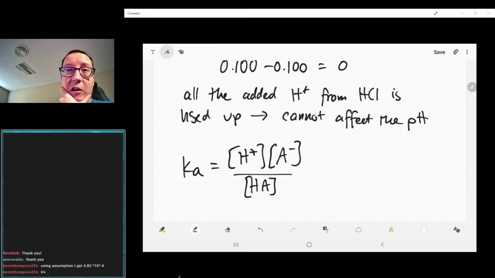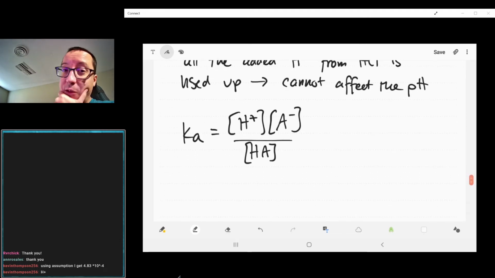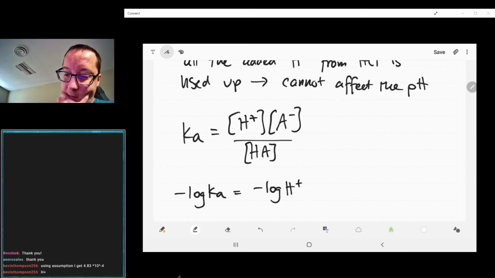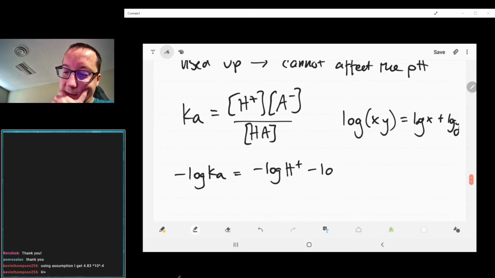If we take the negative log of both sides, remember, the log of x times y is log x plus log y, we're going to see that we get this relationship.